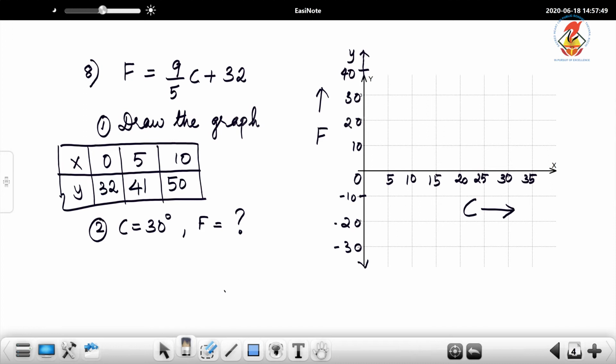So, the conversion of Fahrenheit and Celsius is given. Based on this conversion, you have to draw the graph. So, when x is 0, 32 comes somewhere over here, then 5 and 41 somewhere over here, 10 and 50.